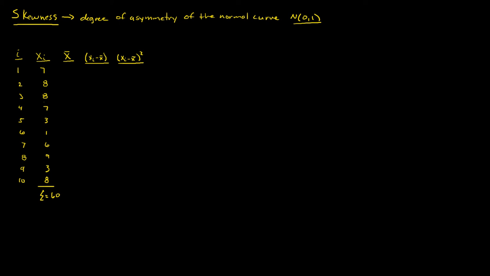And if you remember the formula for mean, x bar equals the sum of i equals 1 through n of the x sub i scores divided by n. So just take 60 and divide by n here. So 60 divided by 10 equals a mean of 6.